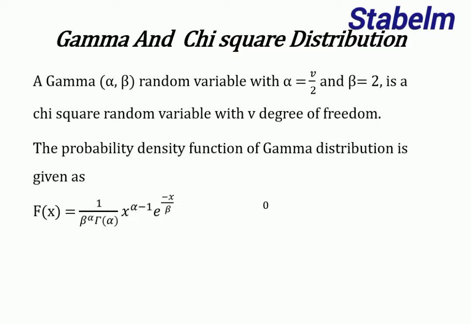Now we have this interval, x is greater than 0, less than infinity. This is the probability density function of gamma distribution.